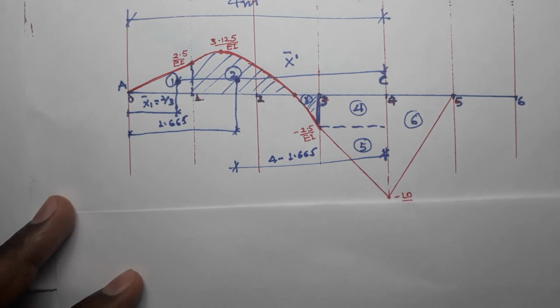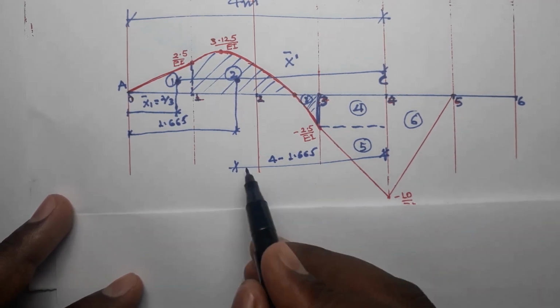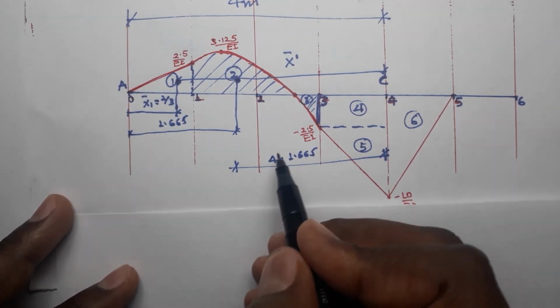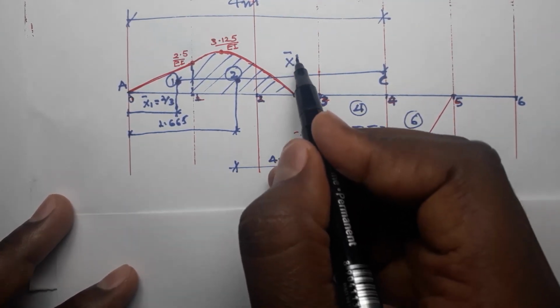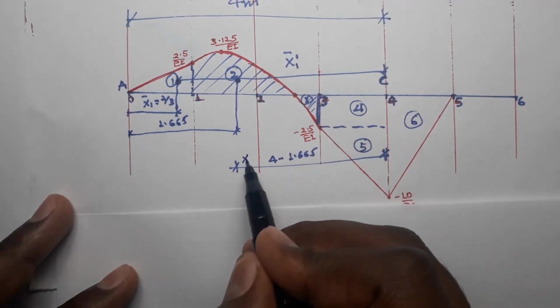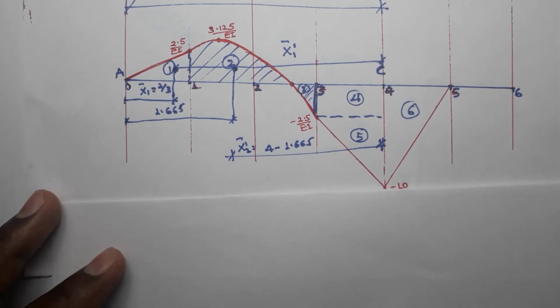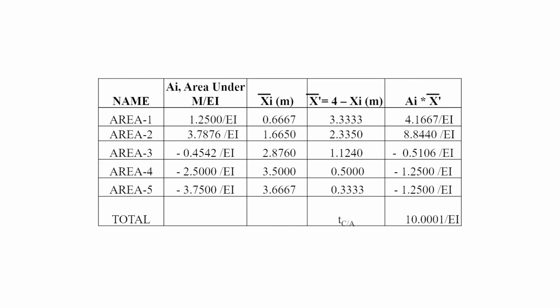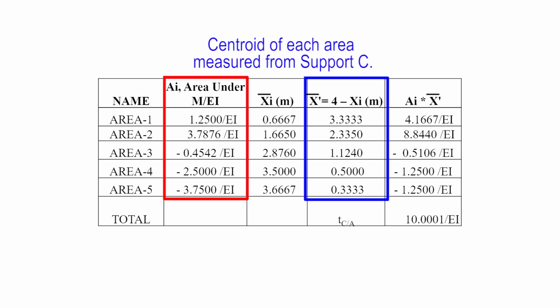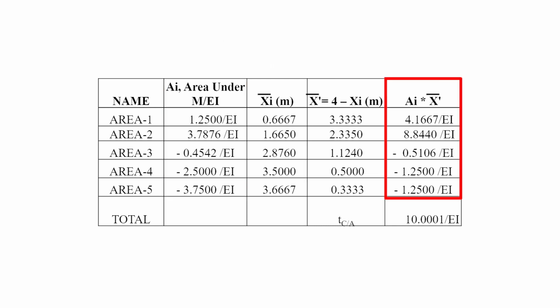So this will be the one that I am going to use here. So x bar prime 1, x bar prime 2, x bar prime 3. All these values are tabulated here. Now the total moment of area will be the area M over EI multiplied by x bar prime of each area. So the sum of these is equal to here.